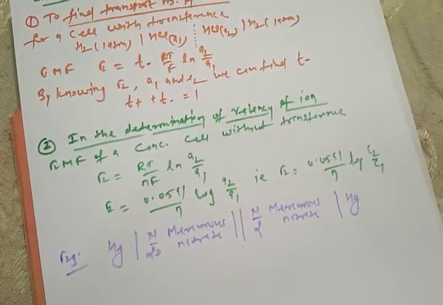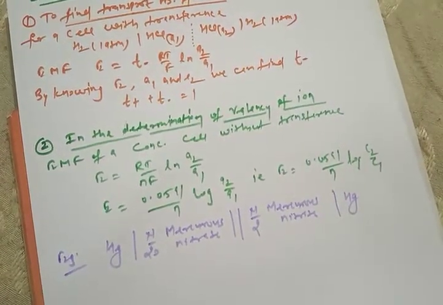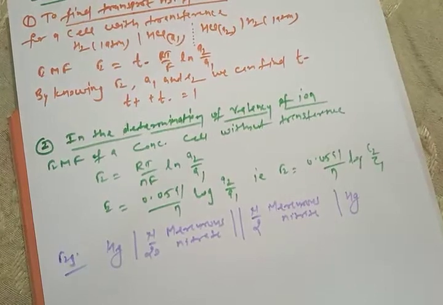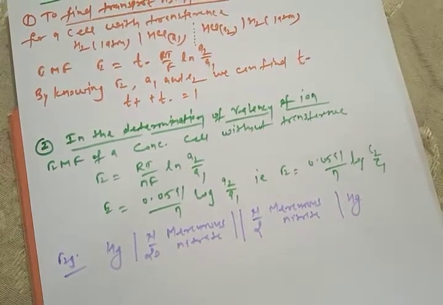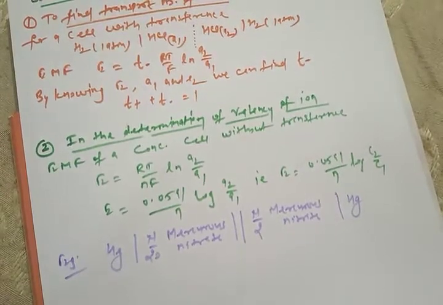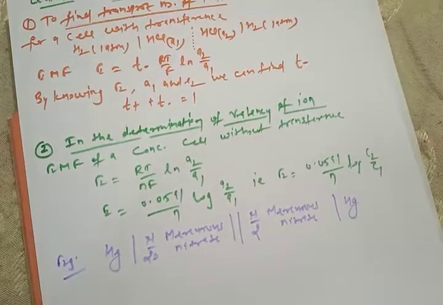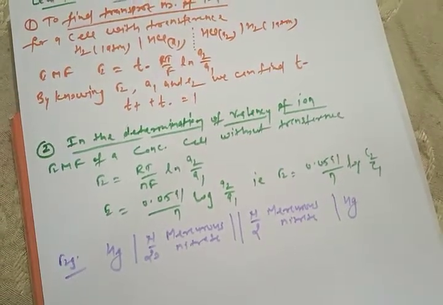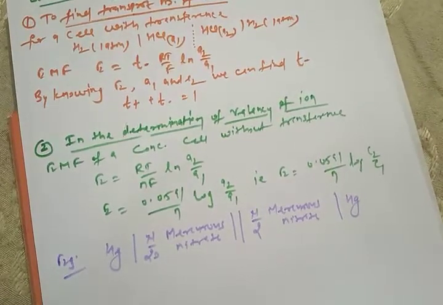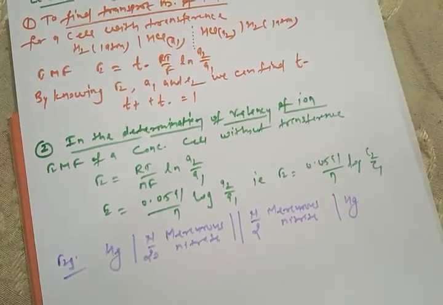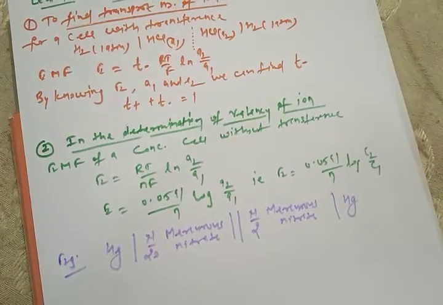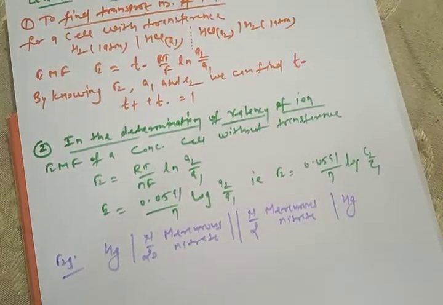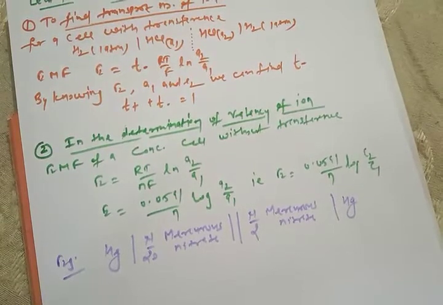So here we have to find out the valency of mercurous ion, because mercury is always a problem here for the students. If you go for Hg2Cl2 or HgCl2, the valency is always a challenge.